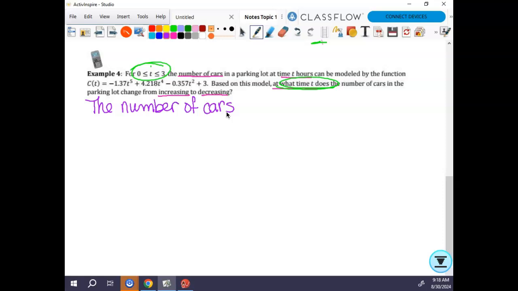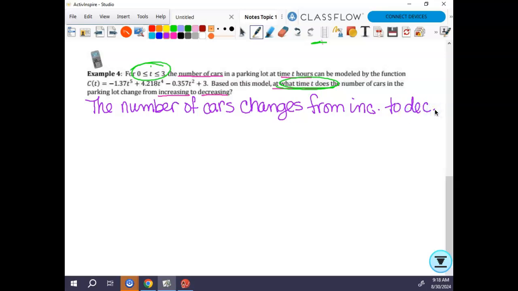Just the number of cars. I mean, that's the only thing we're talking about. The number of cars changes from inc to dec, you can abbreviate that, increasing to decreasing.